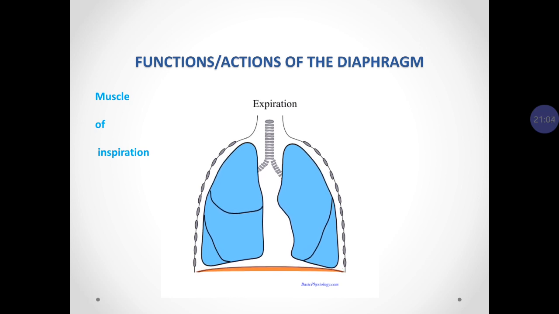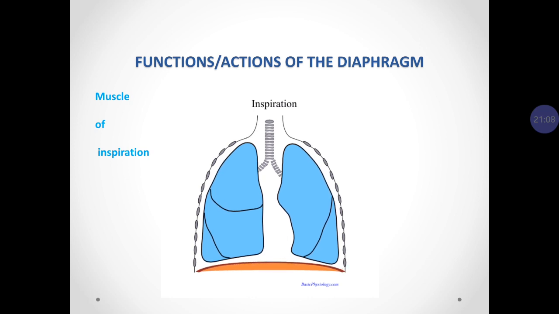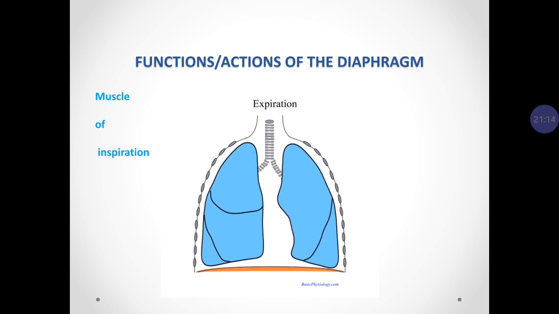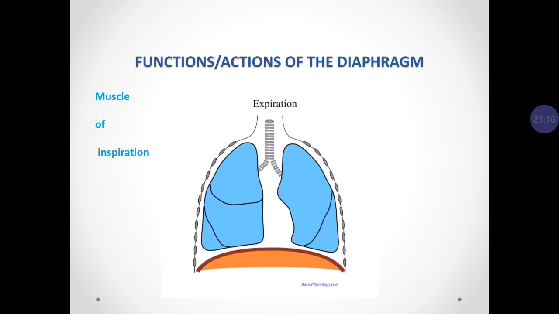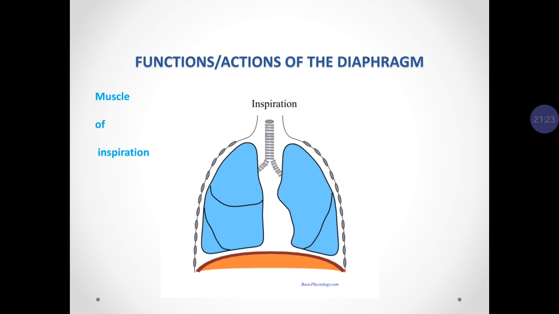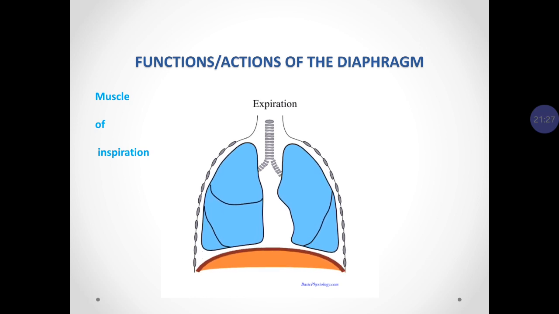The muscle of inspiration. Why do we call it? You can see from the diagram. What happens is that when the diaphragm muscle contracts, the dome of the diaphragm descends, and the lungs get the space to move down, and in this way air moves in.